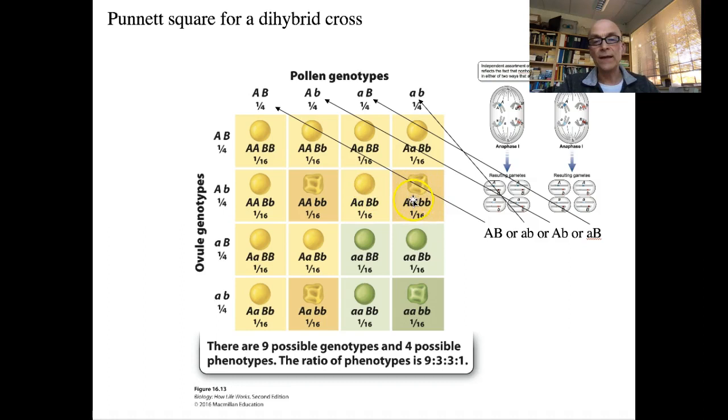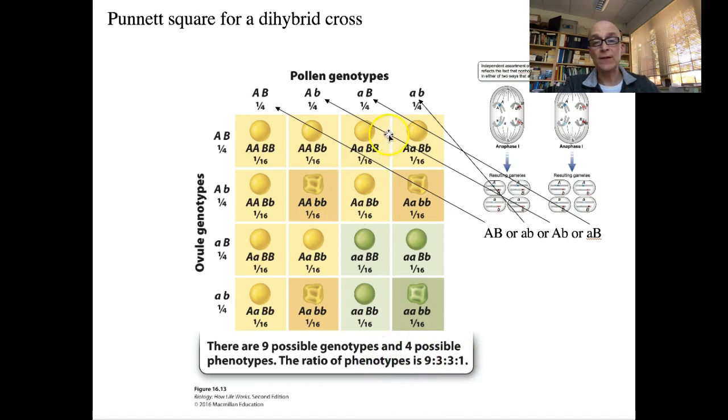You get 3 that are yellow and wrinkled, these 3 combinations, 3 that are green and round, and only 1 that is wrinkled and green. And so this one, of course, is the one that is homozygous for both of the recessive alleles. That combination only comes out 1 in 16 times. So the ratio of the phenotypes is 9:3:3:1.